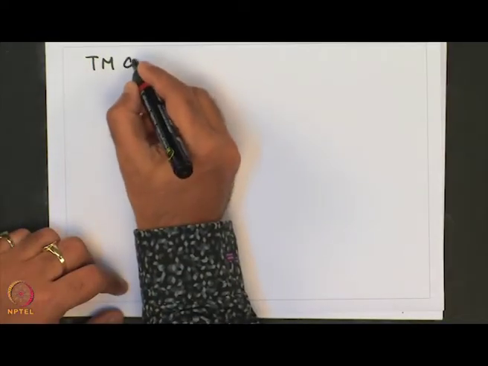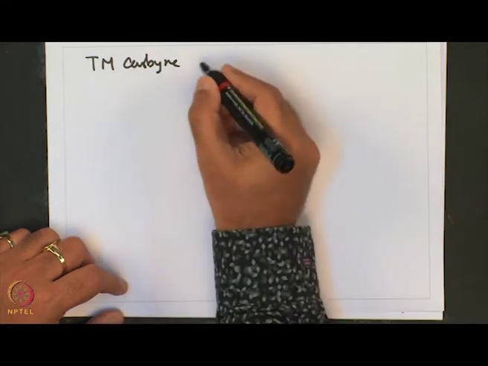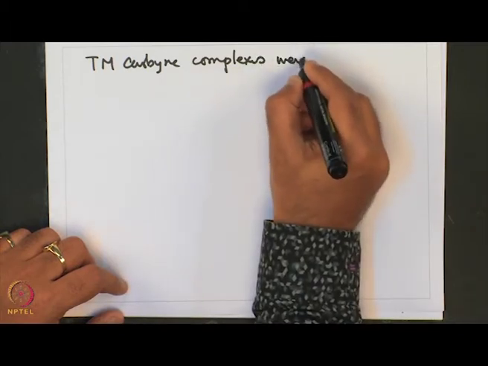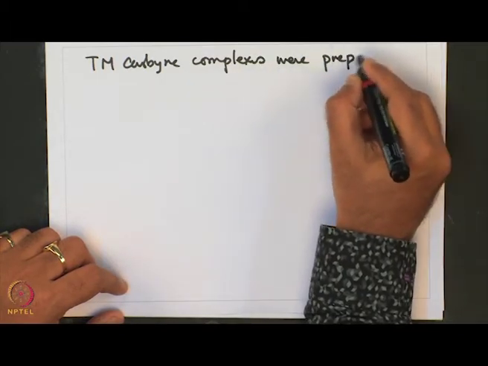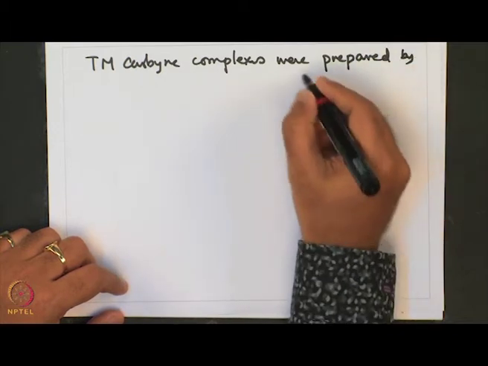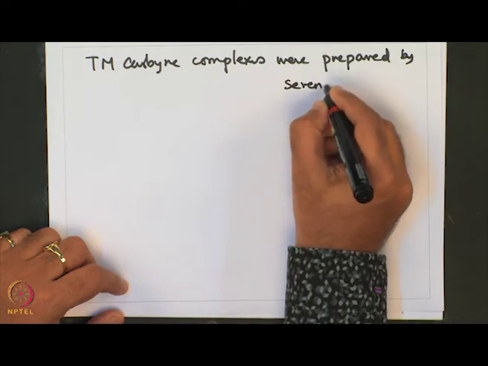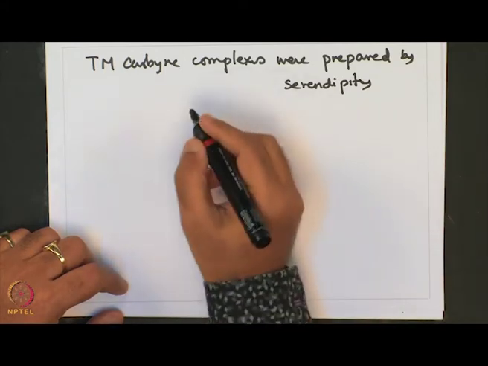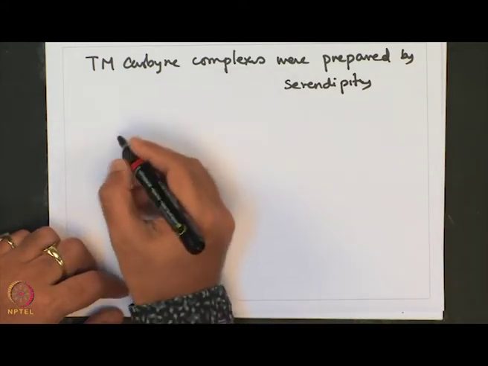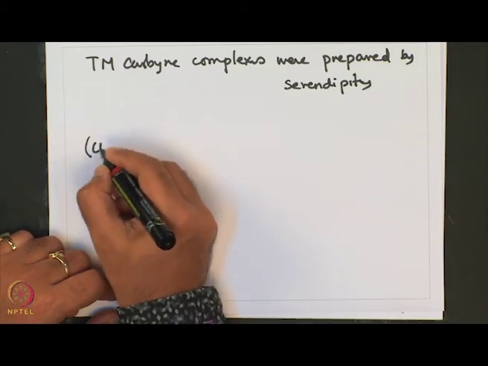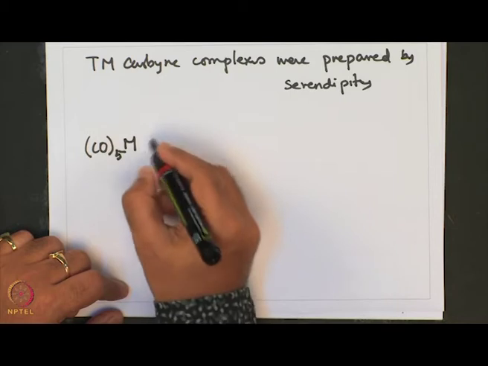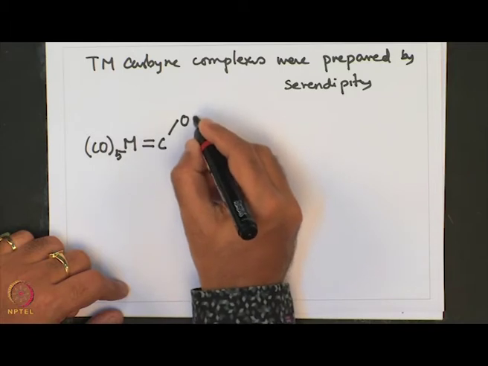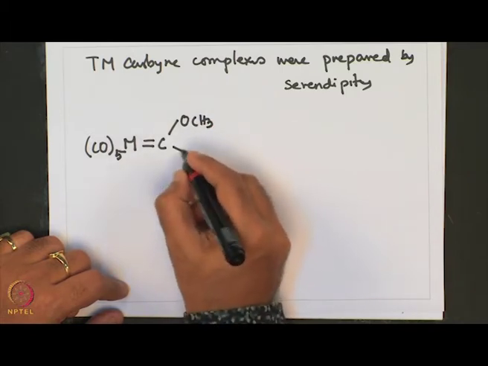Transition metal carbyne complexes were prepared by serendipity, and the reaction which was tried was M(CO)5 C(OMe)R.